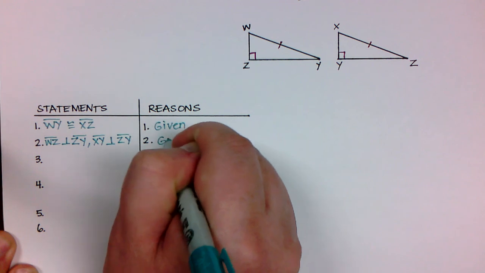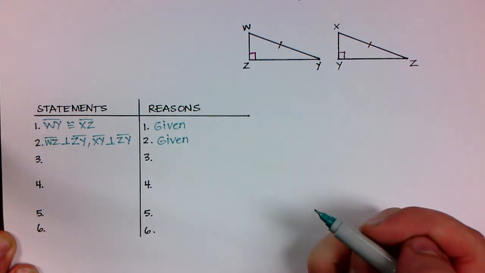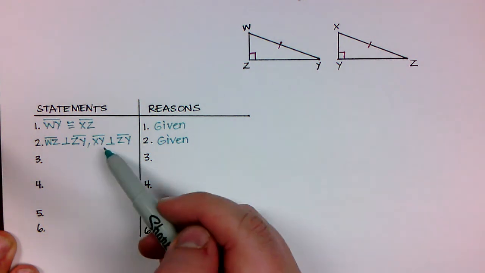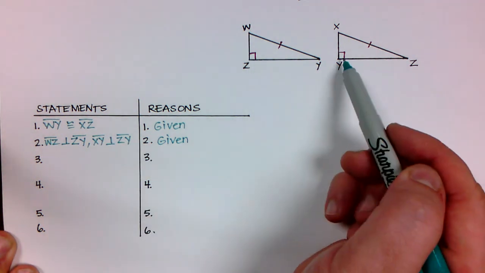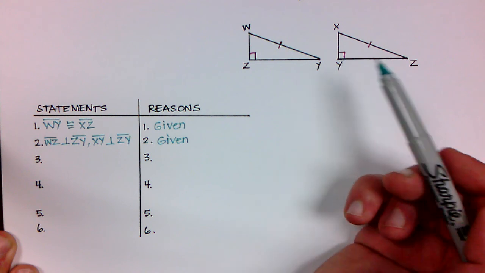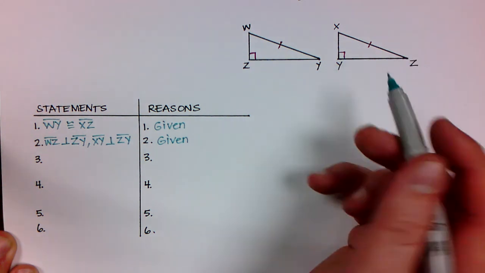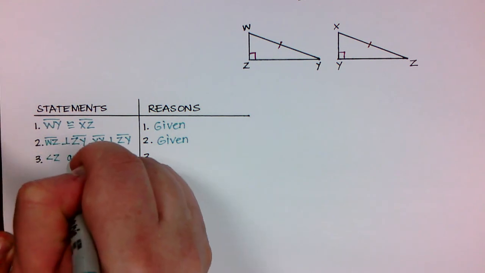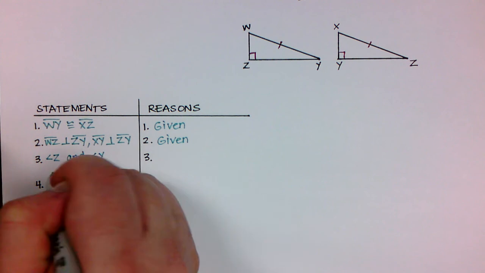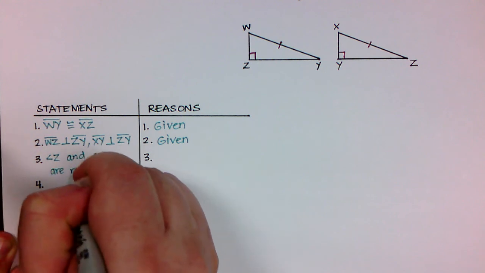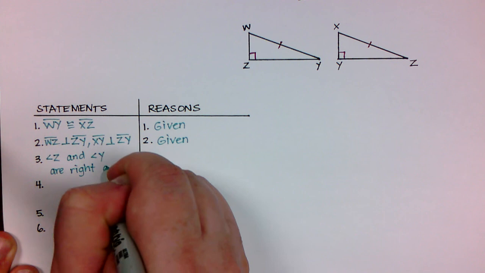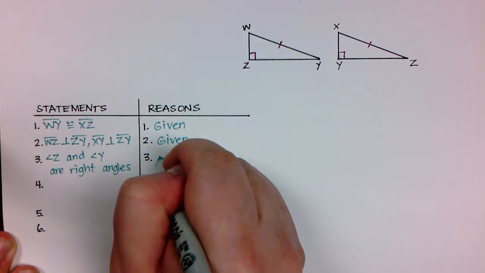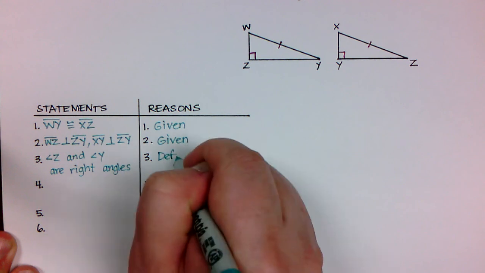This was something else that we were given at the very beginning. And then, because I know that those were perpendicular, I drew those right angles, because from the definition of perpendicular lines, they meet at a right angle. So that means that angle Z and also angle Y are right angles. And this is just the definition of perpendicular lines.